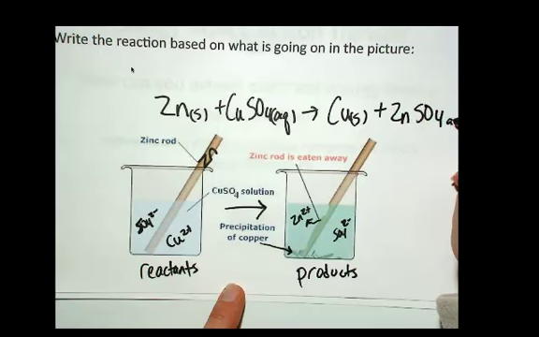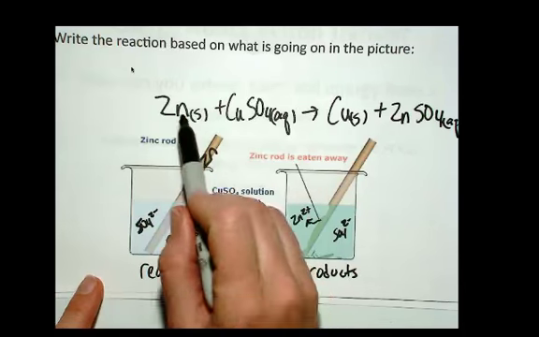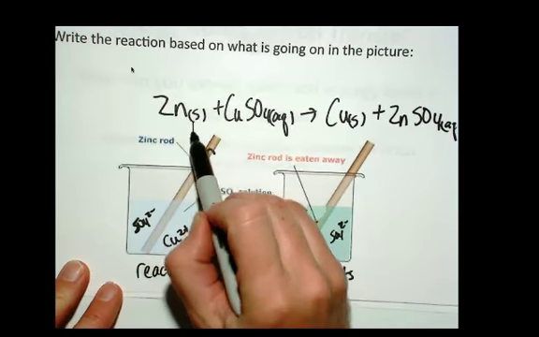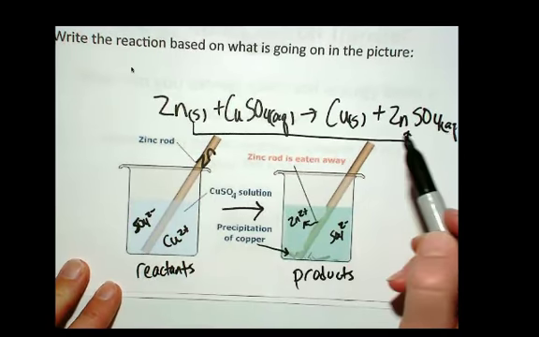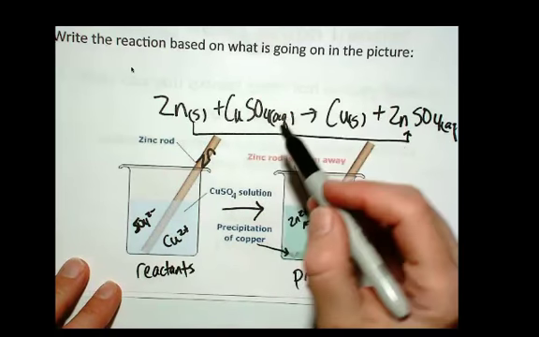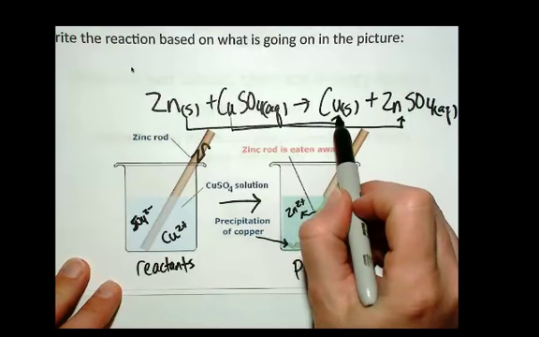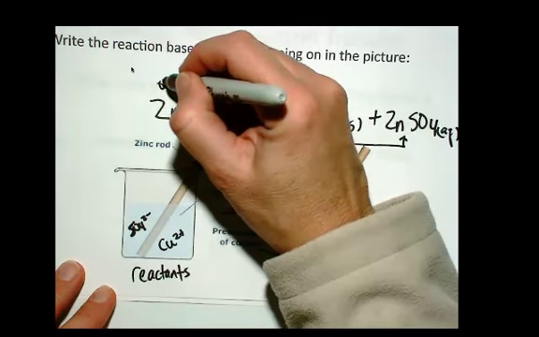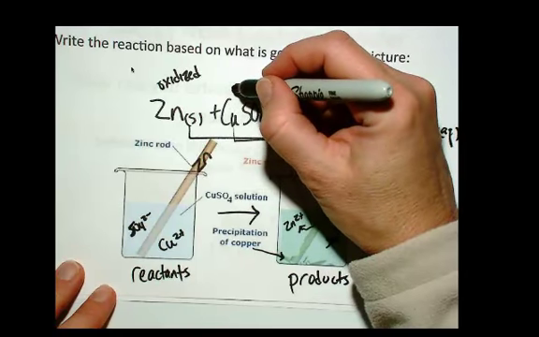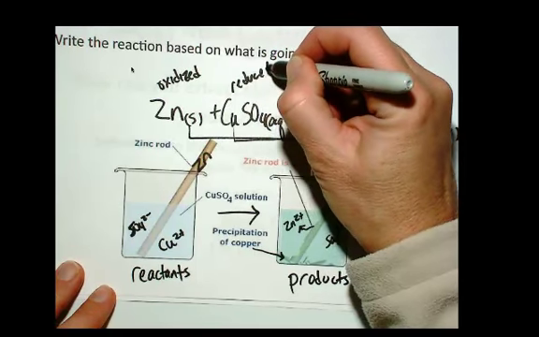Okay, the aqueous. So this is a spontaneous reaction. When I put these two reactants together, I'm going to have an oxidation reduction reaction where the zinc is going to be oxidized and the copper is going to be reduced. The zinc is oxidized, and the copper ion is reduced to copper metal.